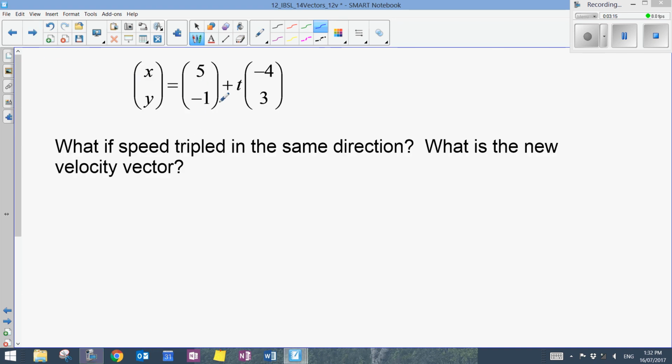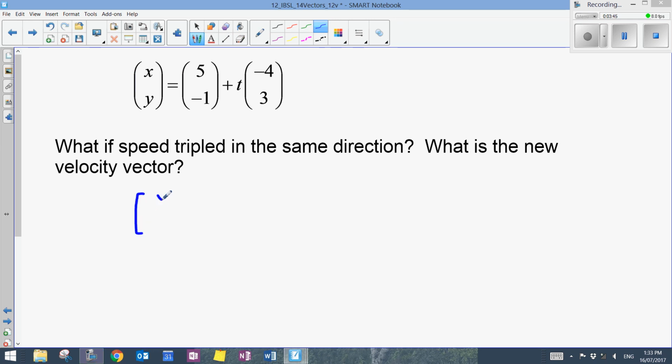So for this one here, going back to the first example, what if your speed tripled in the same direction? Well, if we tripled our speed, then our speed was actually 5. We take the square root of 16 plus 9, we would get 5, I think it was meters per second. So if I wind up tripling our speed, let's say we travel for 3 units of time, what would happen here?